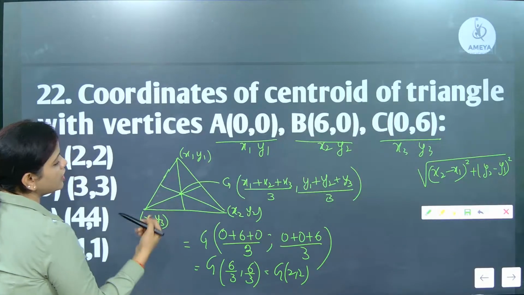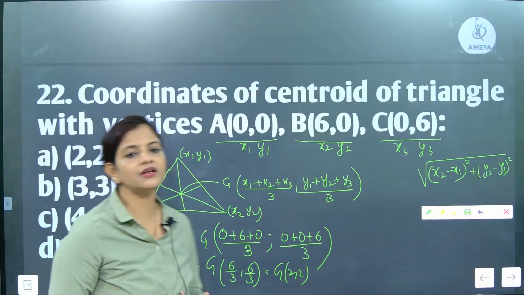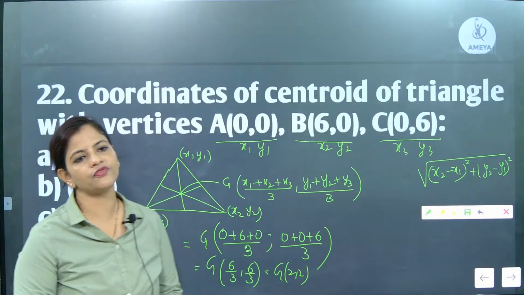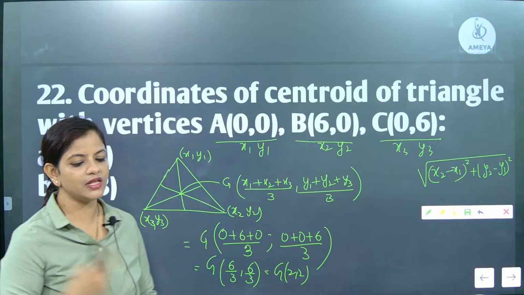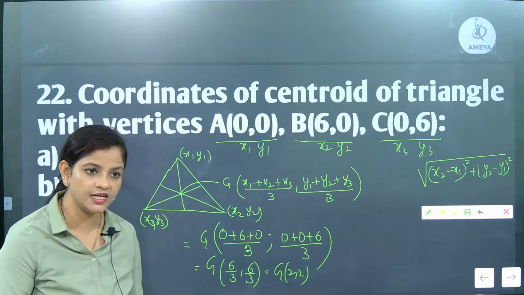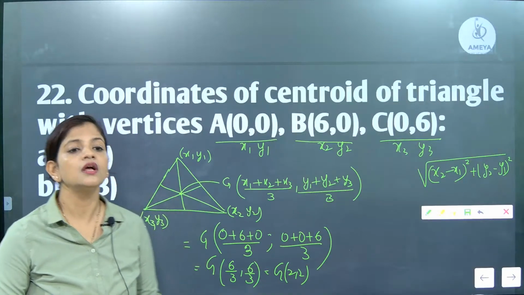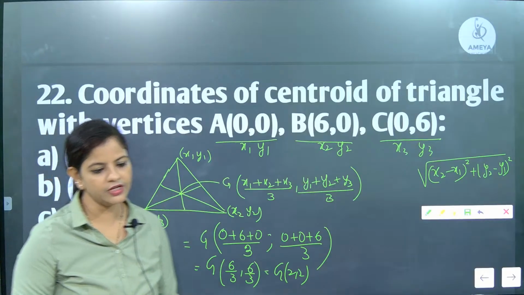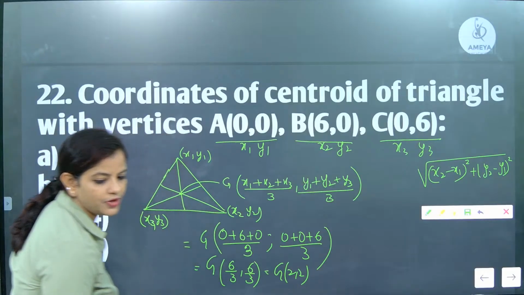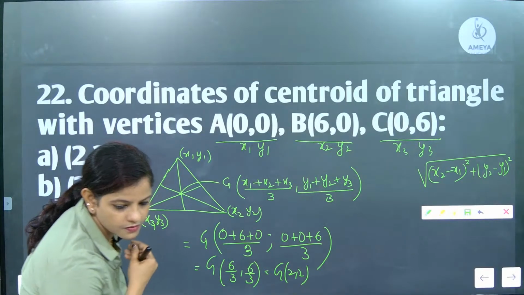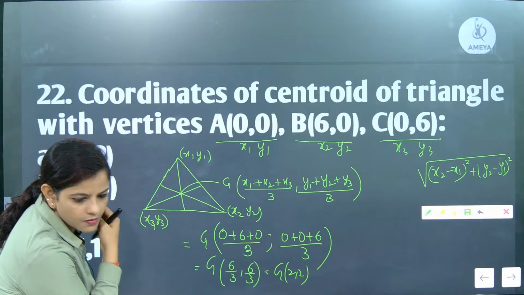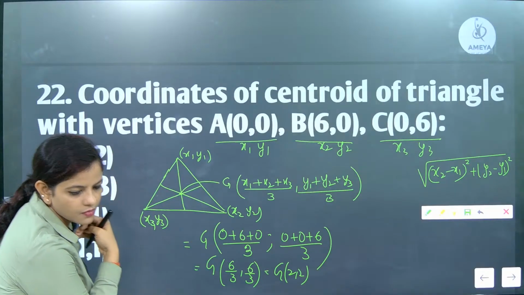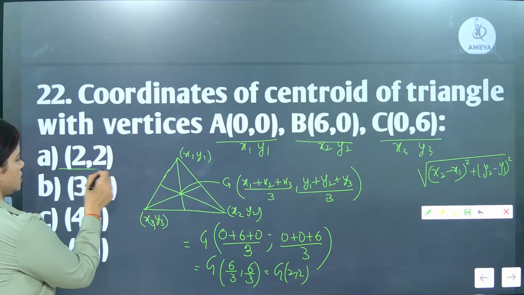When we are talking about drawing medians, a median cannot be drawn in all types of triangles. In an equilateral triangle, where each angle subtends 60 degrees and all sides are equal, we can draw 3 medians. Understood? Yes, the answer is A only, correct.